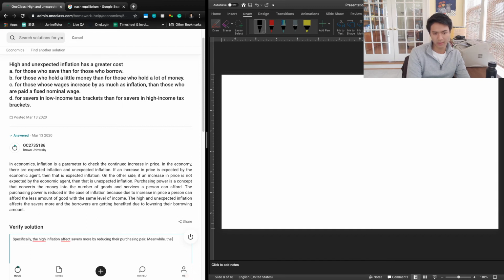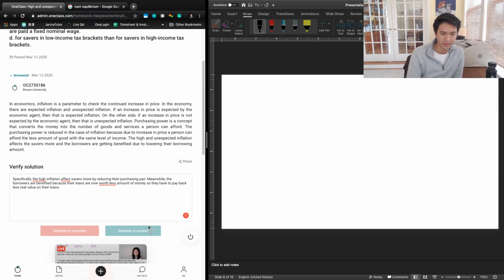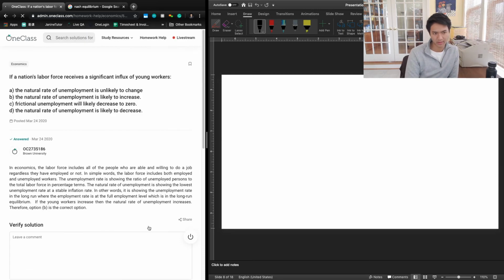Meanwhile, the borrowers are benefited because their loans are now worth less money, so they have to pay back less real value on their loans. So yeah, otherwise the solution is correct. We're just clarifying a little bit, and that's going to be our final answer there.